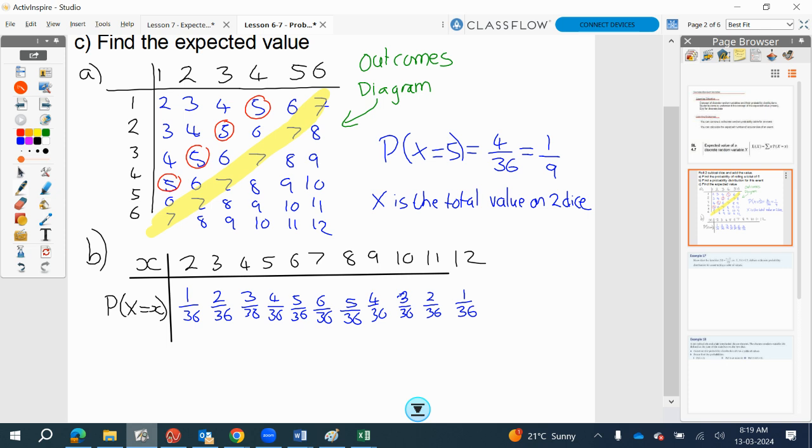So this is a discrete random probability, and one of the key concepts is all values always add up to 1, because something has to happen.